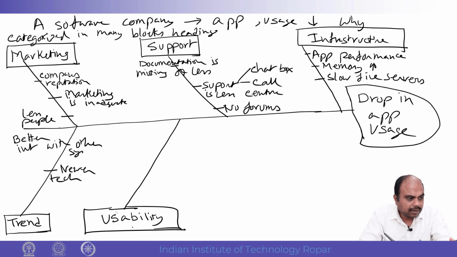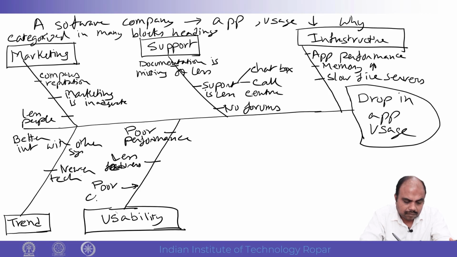They say it has poor performance. They also say that it has fewer or not so good features. And then they also say poor coding. But there are certain people in the organization who believe all these things are fine, but that competition is also high.